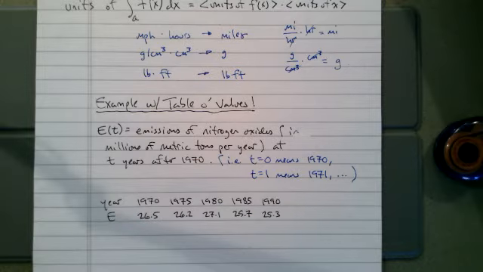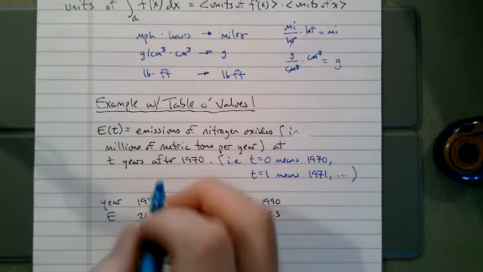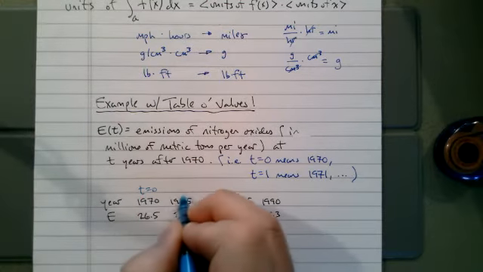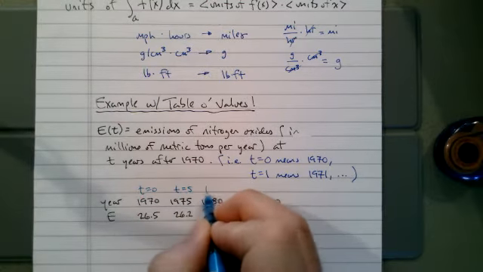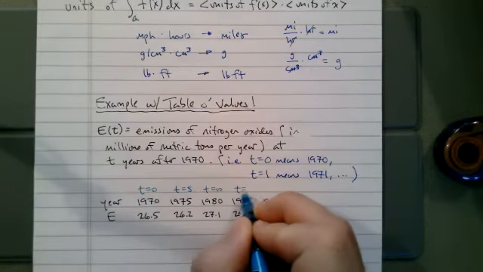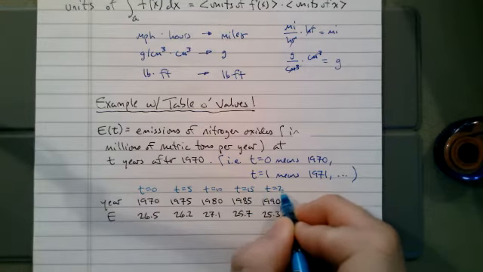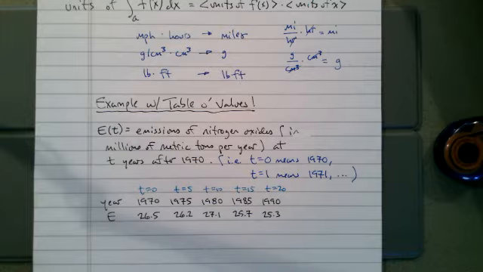All right. So let's suppose that we wanted to integrate this function E of t dt from 0 to 20. First of all, we should point out that 1970 corresponds to t equals 0. Here's t equals 5, t equals 10, t equals 15, and t equals 20. What we're going to do is assume that E is constant for each of these intervals.